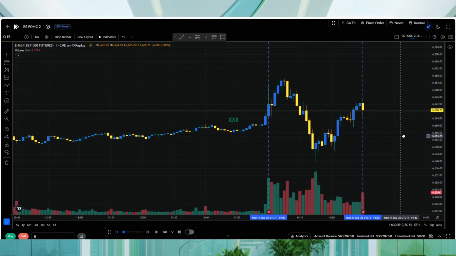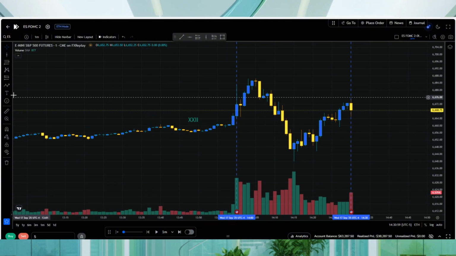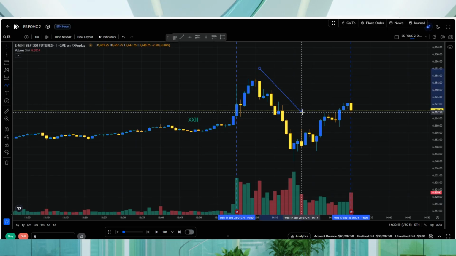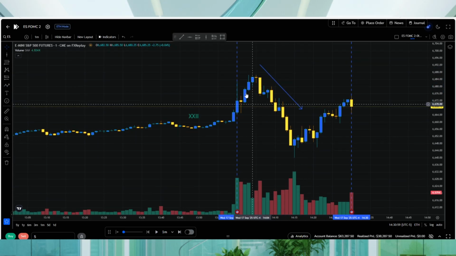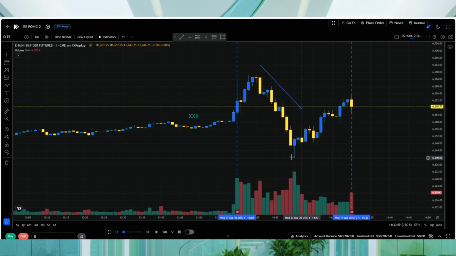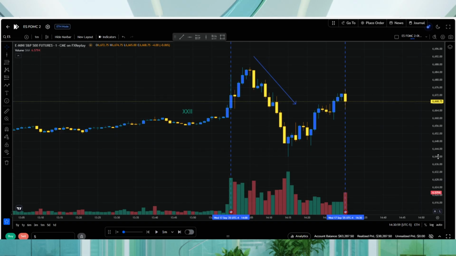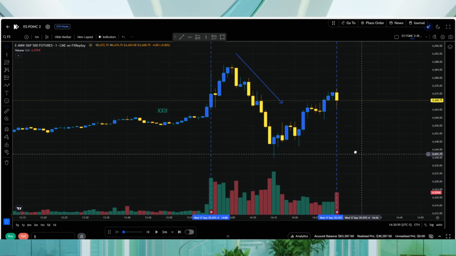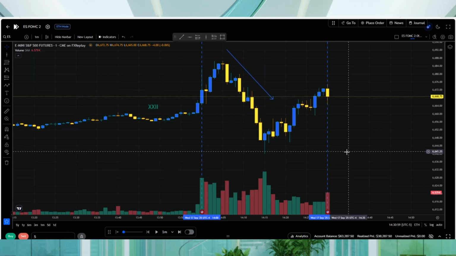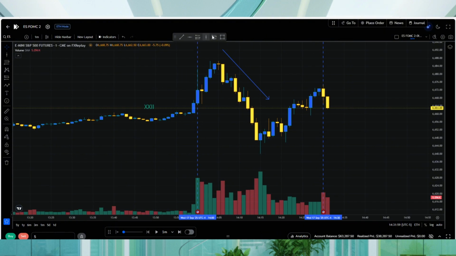All right, I personally am taking shorts on this move because I see that the market's moved a little bit short, but it is ambiguous. You can take the longs as well. So we'll take shorts and then we'll look back and see how the longs did. So I'll take shorts here.